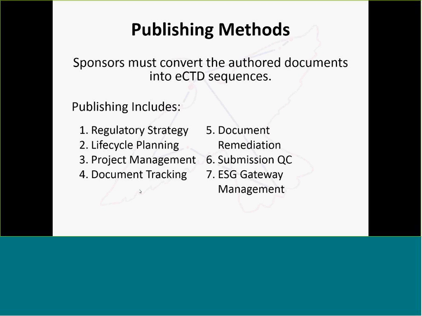So, as an example, is it a generic drug, a 505(b)(1), 505(b)(2), biologic, etc. for the U.S.? Health Canada, EU, and Swissmedic all have different regulatory strategies that you'll need to keep in mind. And the publishing system needs to be equipped to handle all those different regions, any region that you're going to go into. You have life cycle planning.